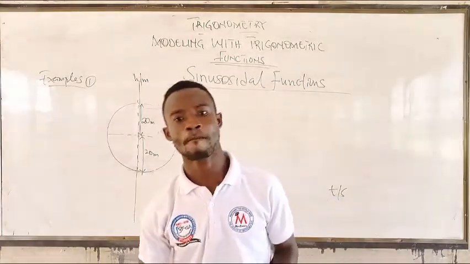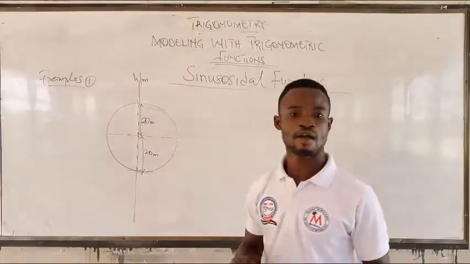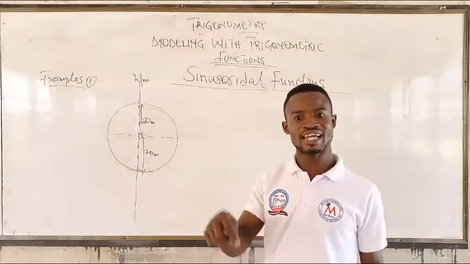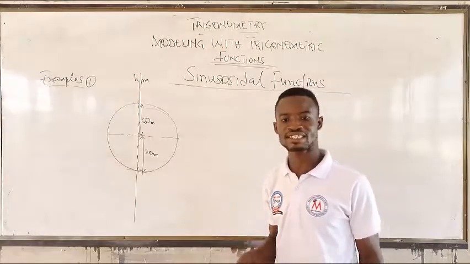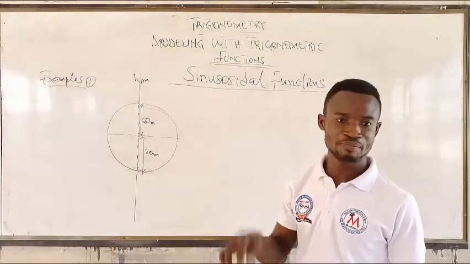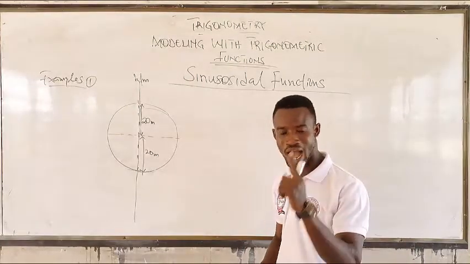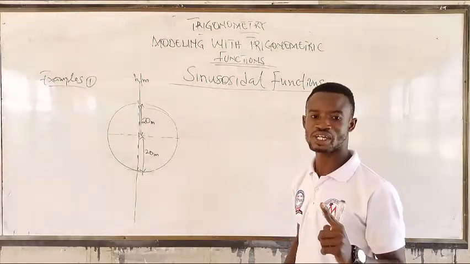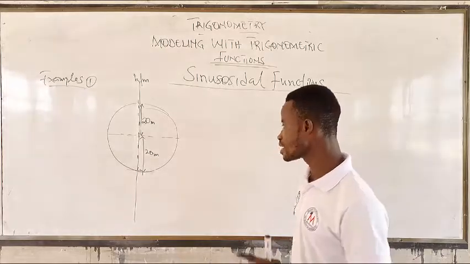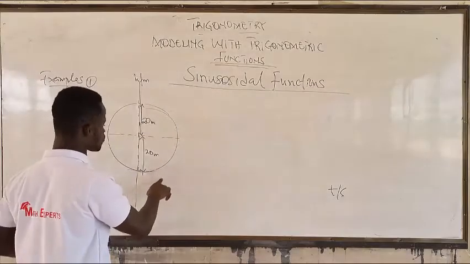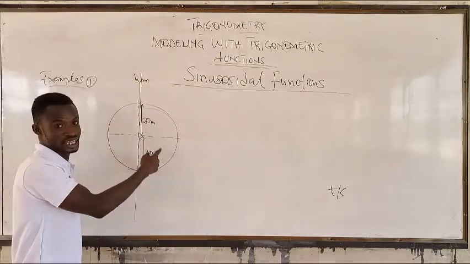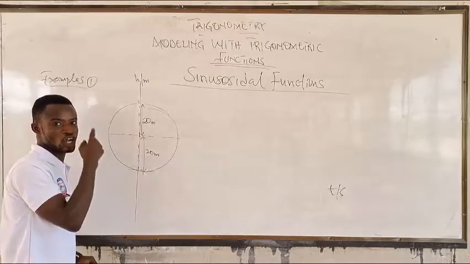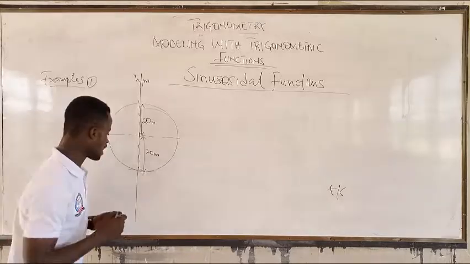Okay. So passengers get on at a point B, which is 1 meter above the ground. So when this was rotating, I hope you are watching, passengers get on at 1 meter.